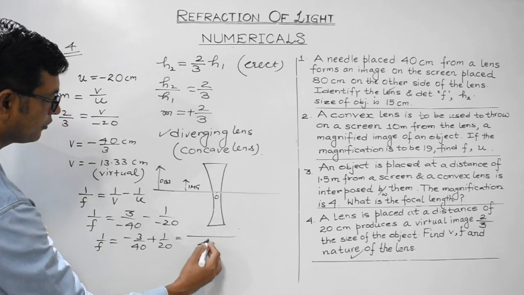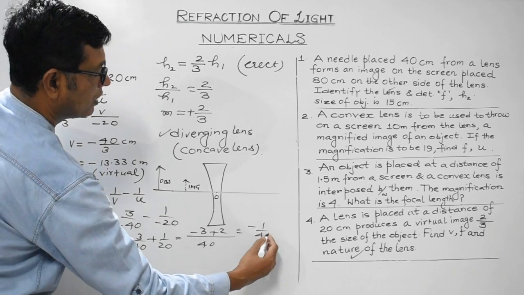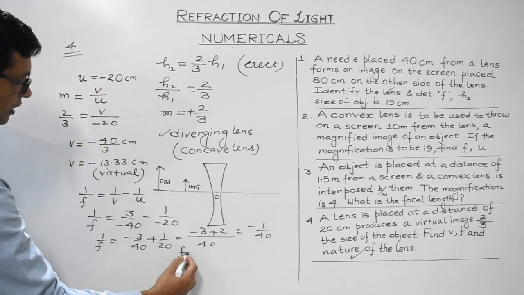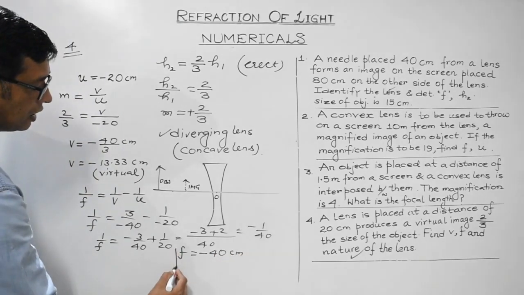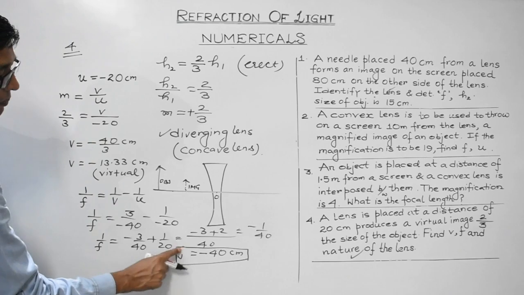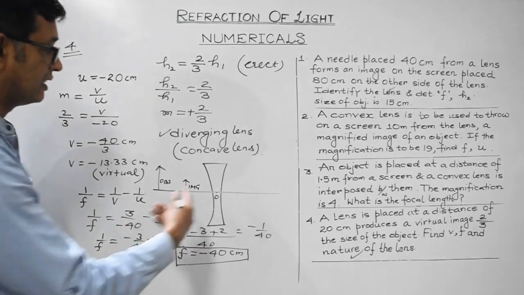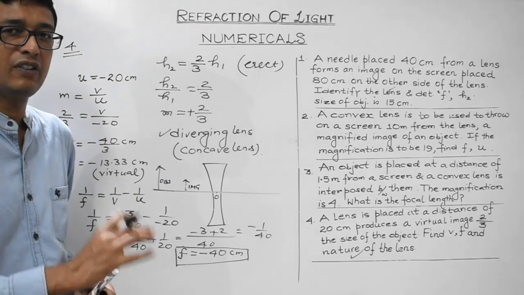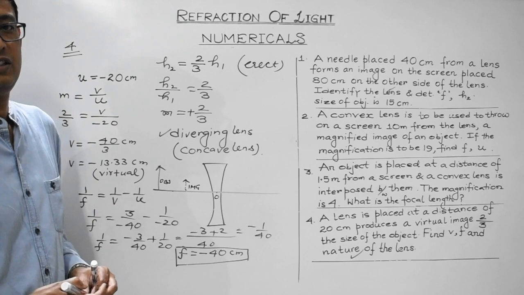So LCM would be 40, minus 3 plus 2. So it is minus 1 by 40. So f would be equal to minus 40 centimeter. Again, from the negative sign of the focal length, it can be easily predicted that the nature of the lens is diverging. It is only for concave lens in rarer medium that its focal length is negative.